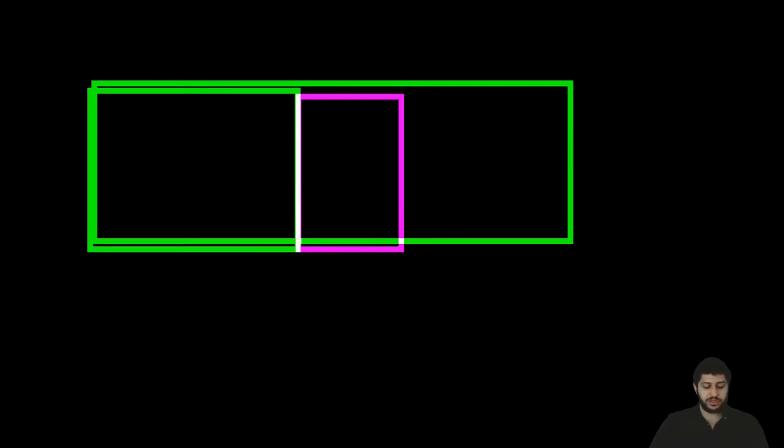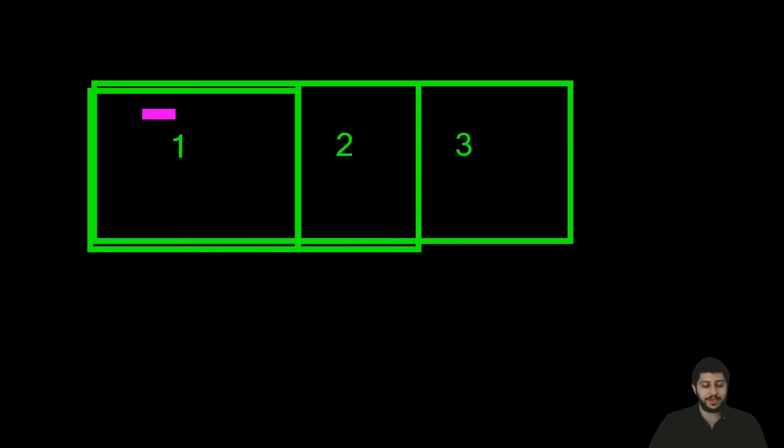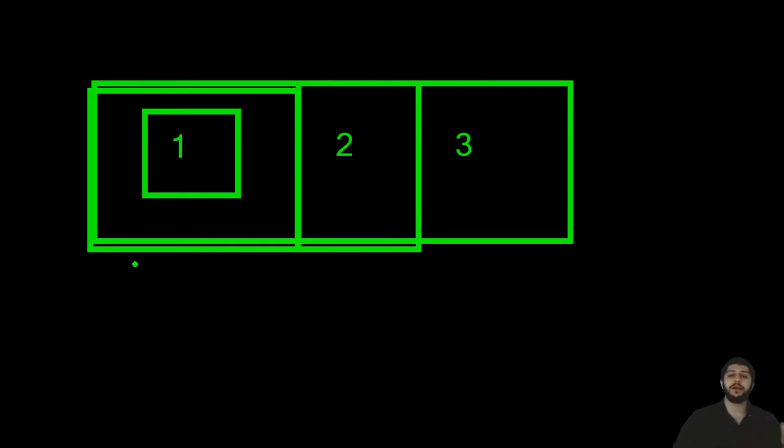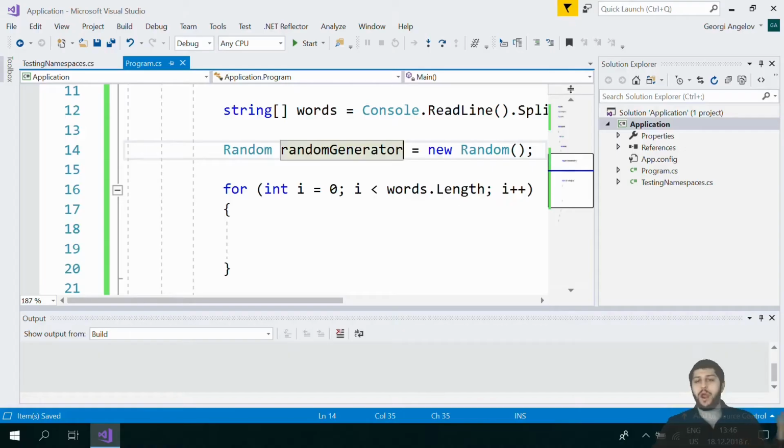So if we have a sequence of words, let's say we have 3, this is 1, 2, and 3, take each one and find a new place for it. It's like having a deck of cards and just taking each card and finding a new place in the middle of the deck, just a random place. Okay, now think about how we use the random generator we have now. Pause the video and think about it.